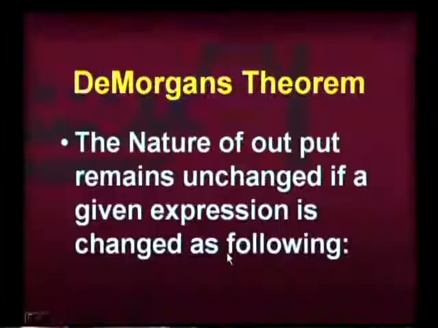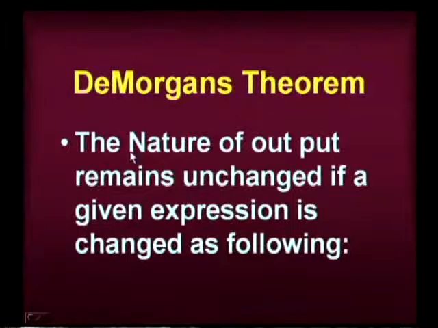Now, we shall see an important theorem called De Morgan's theorem, based on which we will be in a position to draw the equivalents and produce one expression that is equivalent to another expression, but in complemented and dual forms. So, here we see what De Morgan's theorem states.